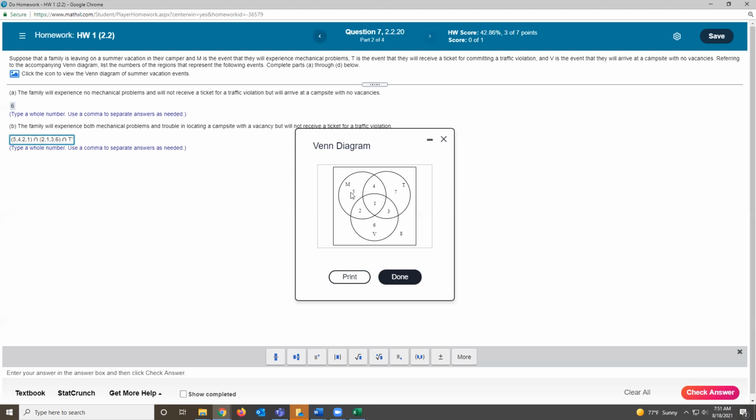The complement would be 5, 2, 6, 8. And now let's see. 5 is not common because it's not here. 4 is not common because it's not here. 2 is common among all the three. And 1 is not common, so 2 is the answer.